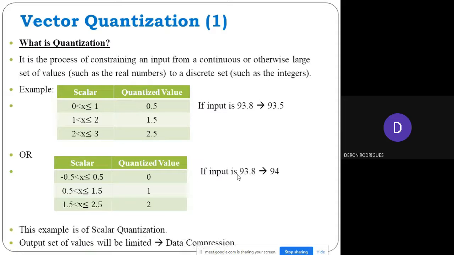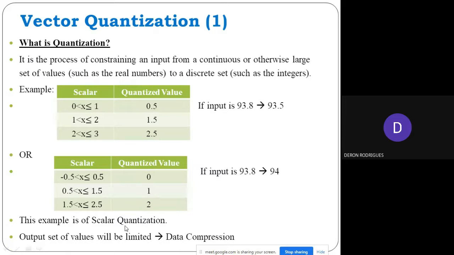Now this is scalar quantization, because you are taking a scalar, just one value, and converting it into a quantized value. It helps because the output set of values is limited.